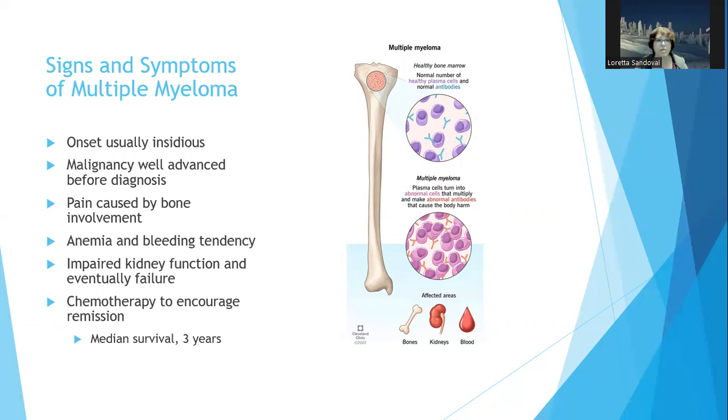Usually the first signs are pain caused by the bone involvement, anemia, and a tendency to bleed because we're skimping on red blood cells and we're skimping on thrombocytes because we're making the plasma cells. Impaired kidney function and eventually failure. The chemotherapy is used to encourage remission. The median survival for multiple myeloma is 3 years. So that's a terrible diagnosis.